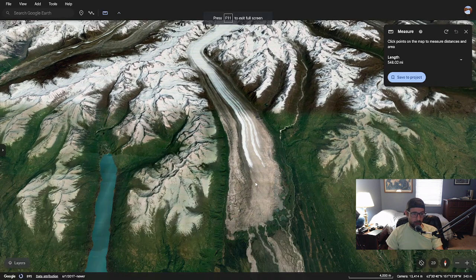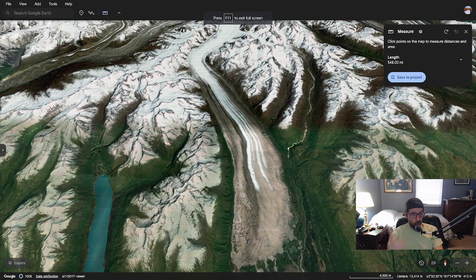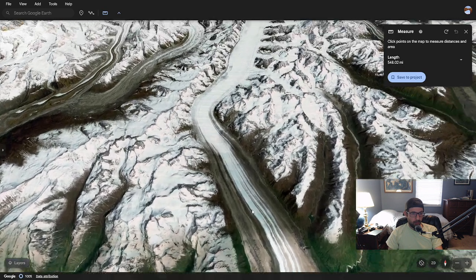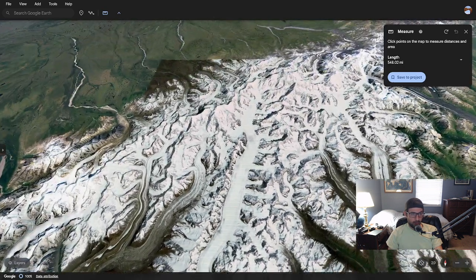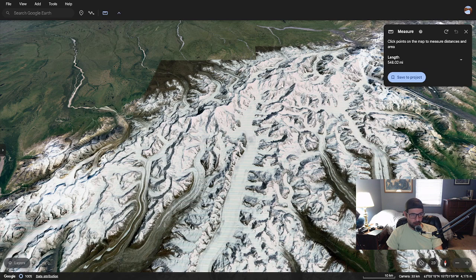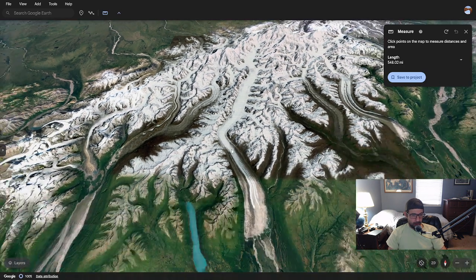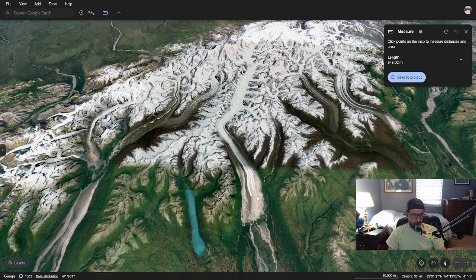It's very backwards to the modern interpretation, where we're just looking at the current process. So what's happening now is Denali is there, and there's glaciers that are feeding down southward and out here, leading to this glacier.